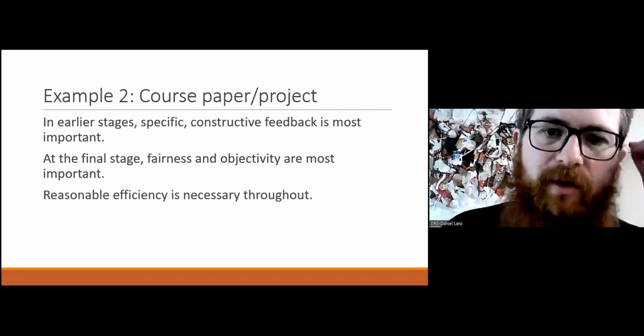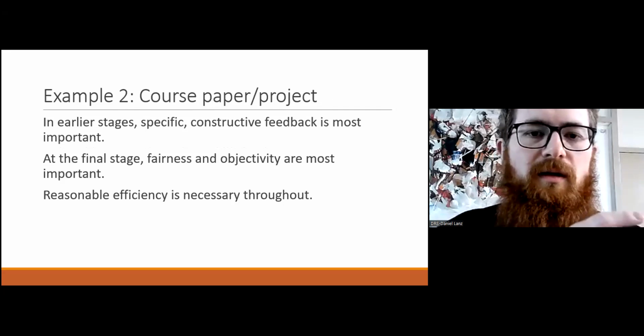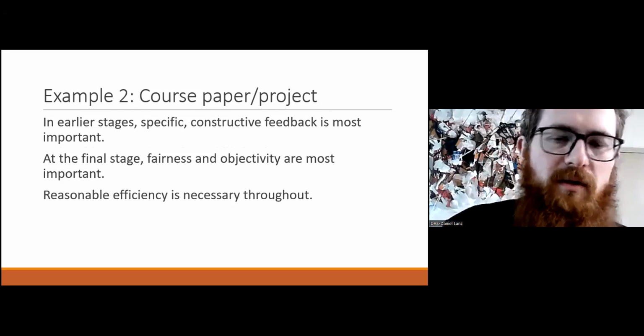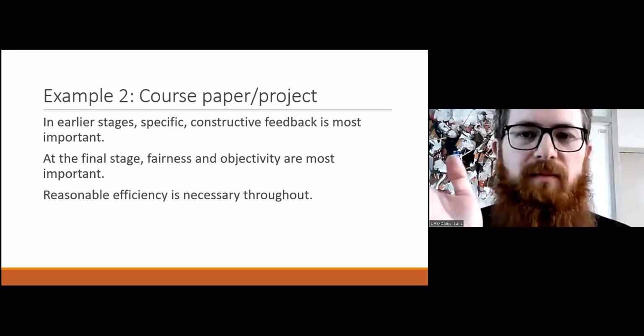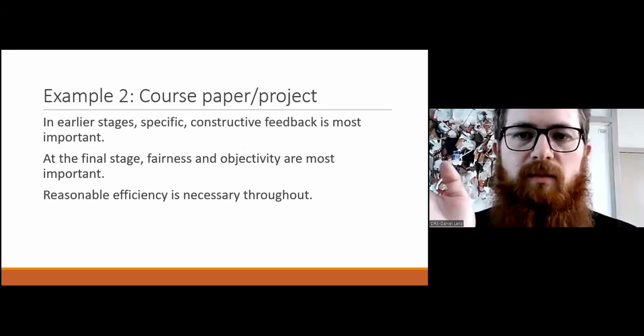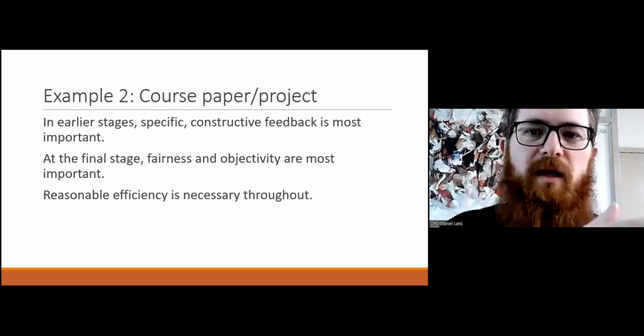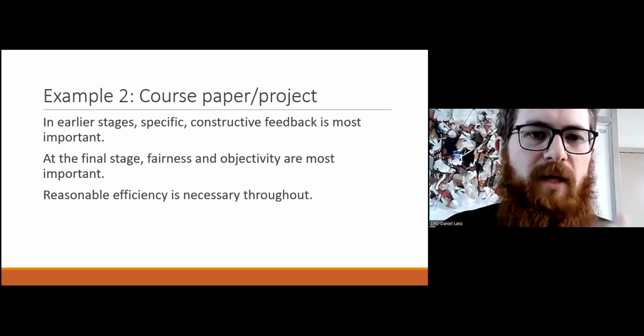For a course paper project, you've got usually several stages, at least in my experience. Course papers don't turn out great when you just have one deadline and everybody writes their paper and submits it without getting any prior guidance or feedback.